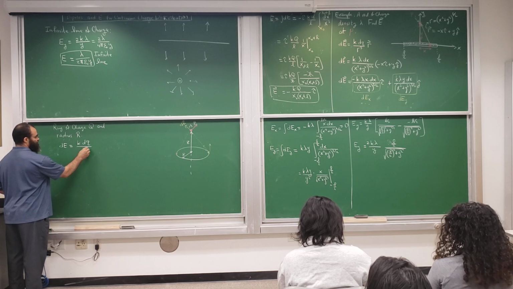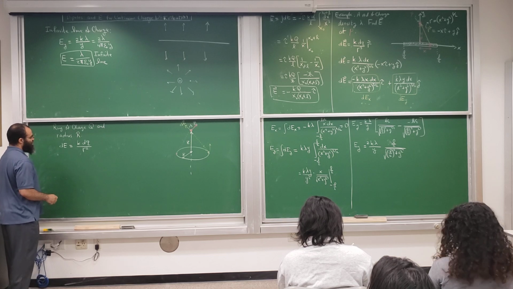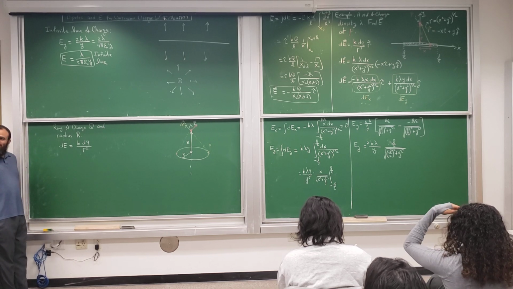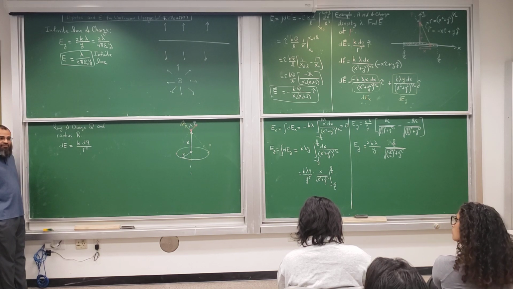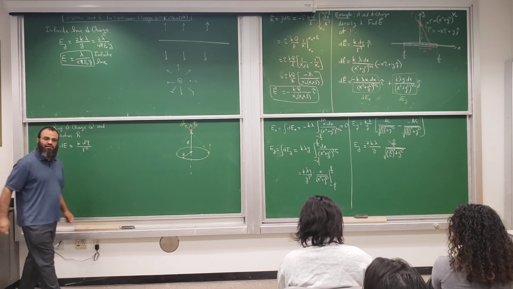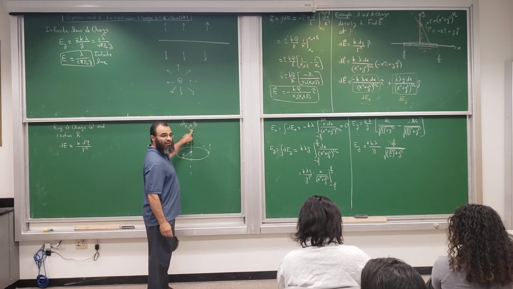For now, just the magnitude. Yes or no? We're good with this? That's the electric field, right? K q over r squared. The magnitude, yes. But the distance is not from the point to the center. Isn't it the slanted one? Yes, the distance is from here to here.